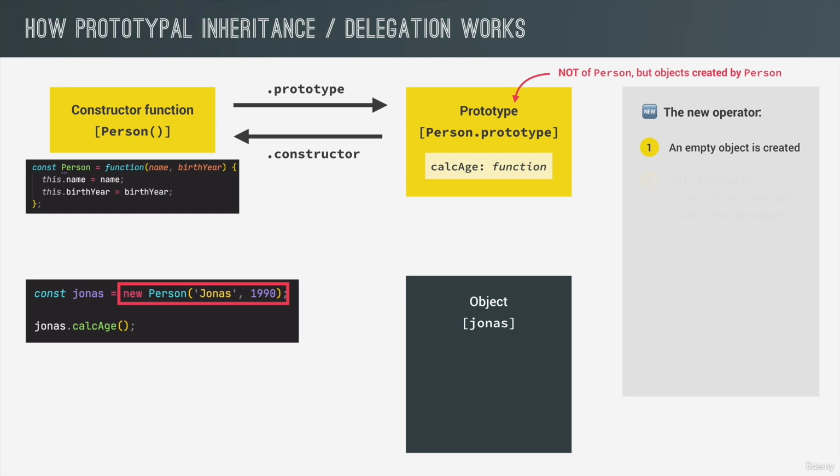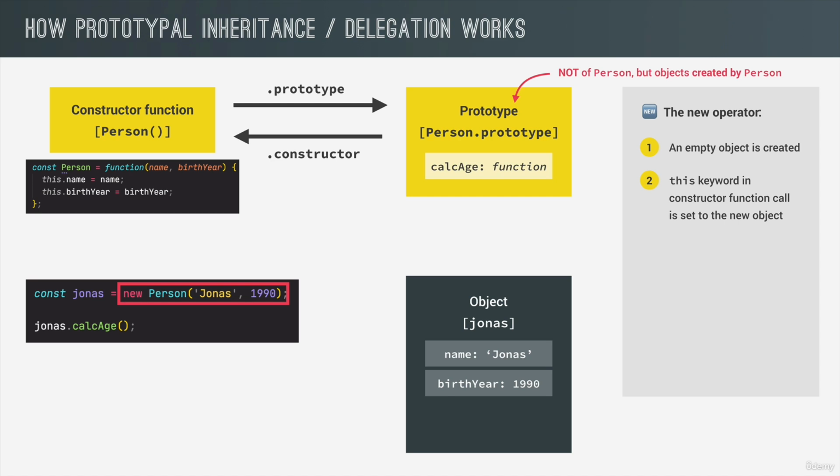Then the this keyword in the function call is set to the newly created object. So inside the function's execution context, this is now the new empty object. And that's why in the function's code, we set the name and birth year properties on the this keyword, because doing so will ultimately set them on the new object.